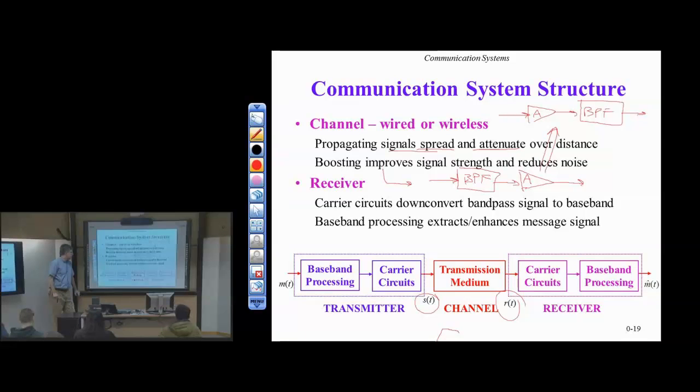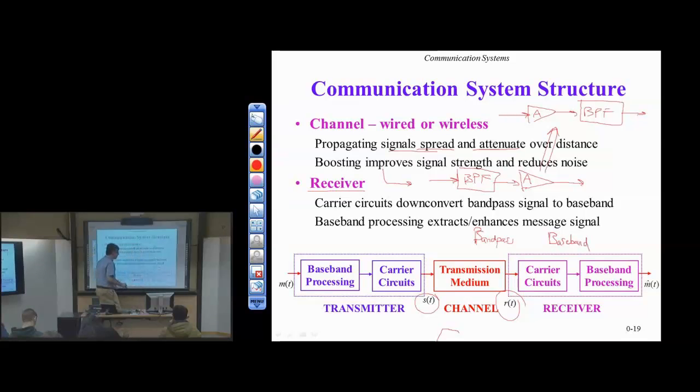Okay. At the receiver, we've got a lot of work to do. The receiver, at the very least, has to undo the steps in the transmitter. So the carrier circuit block would take the bandpass received signal r(t) and take this down to baseband.